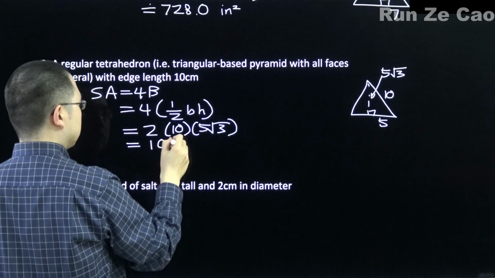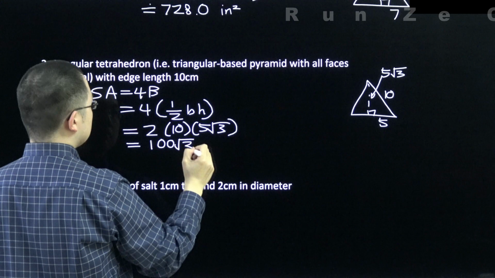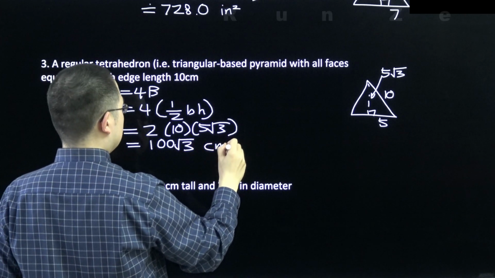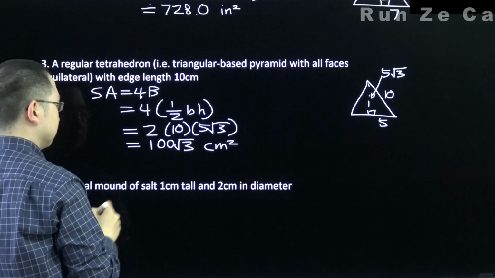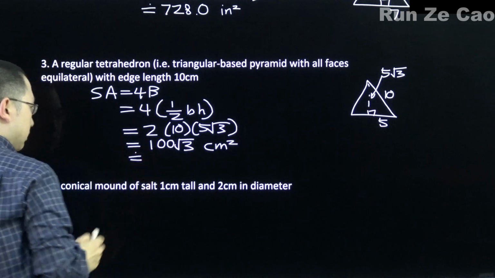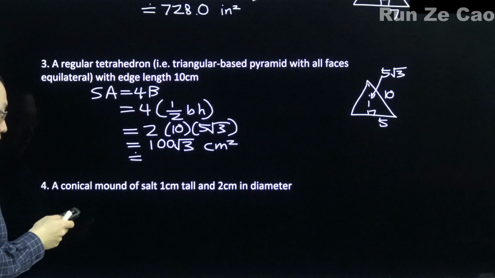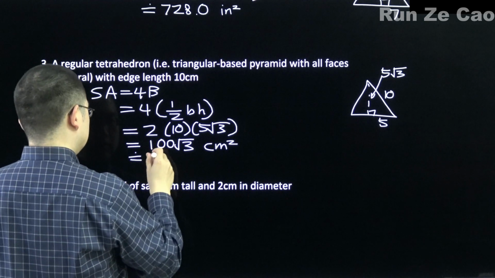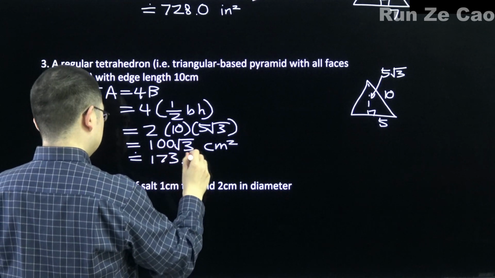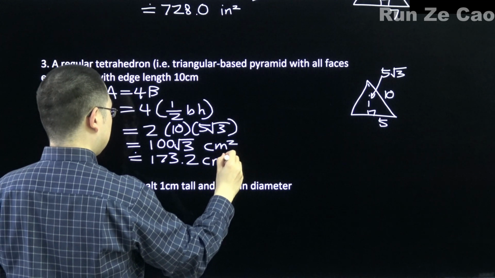Which comes out to 100 root 3. This is in centimeters squared. So approximately root 3 times 100, 173.2 centimeters squared.